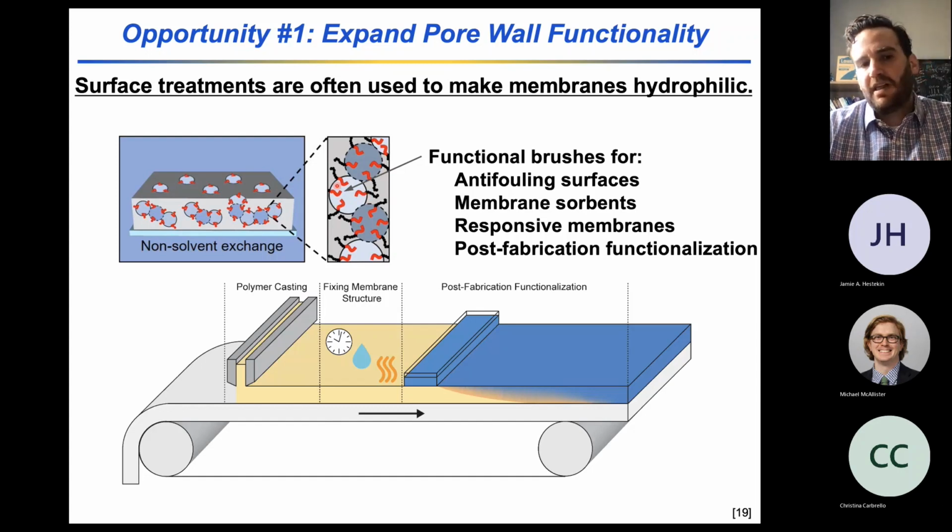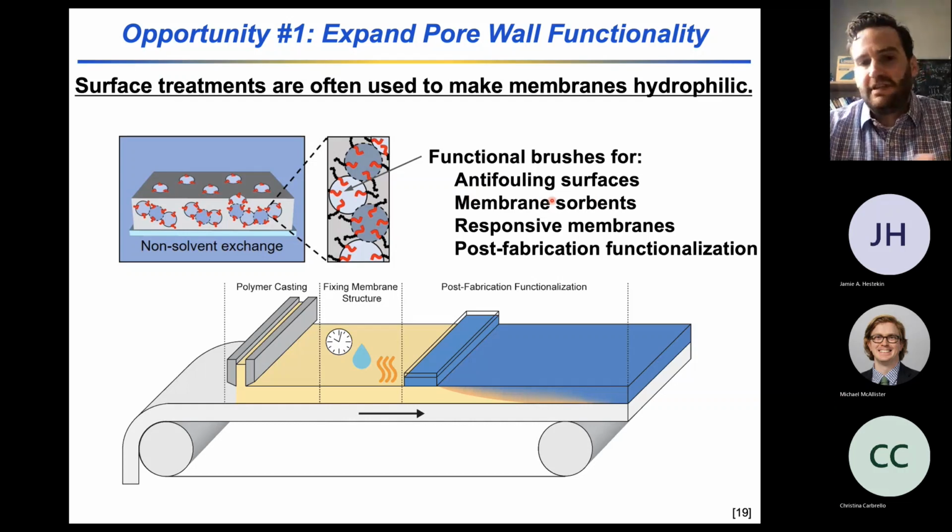So these amphiphilic copolymers have one component that likes to bury itself inside the matrix of your polymer material, and another component that likes to poke its head out into the pore wall. And this might provide for more ready functionalization of the membranes post-fabrication, right? And so you can look at anti-fouling surfaces, or you can look at adsorptive membranes.